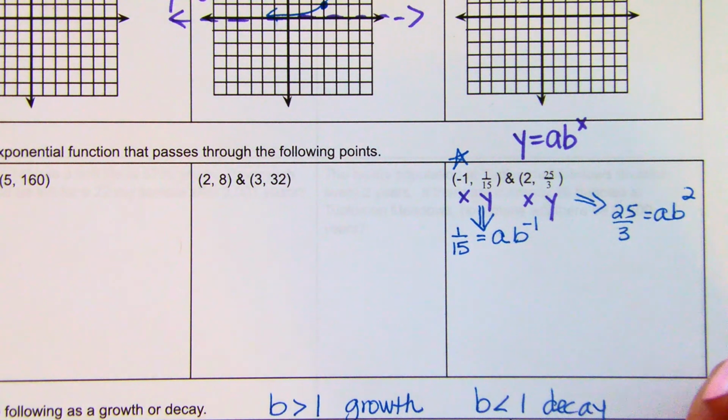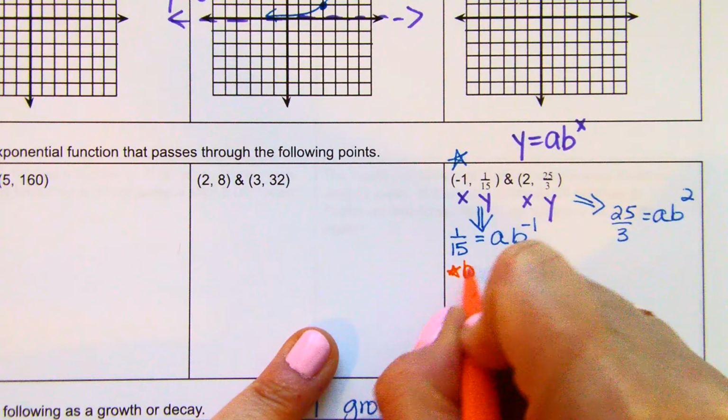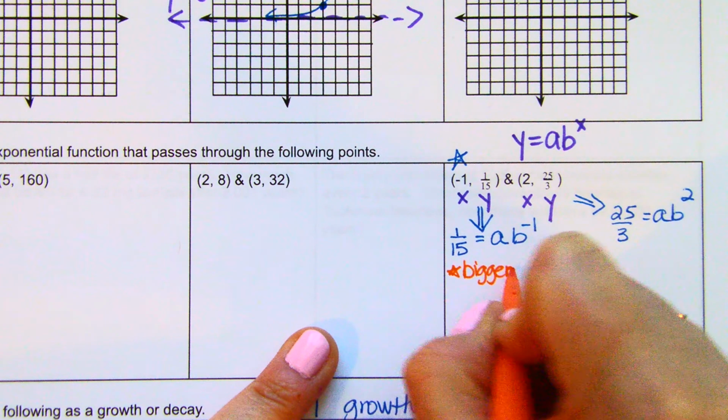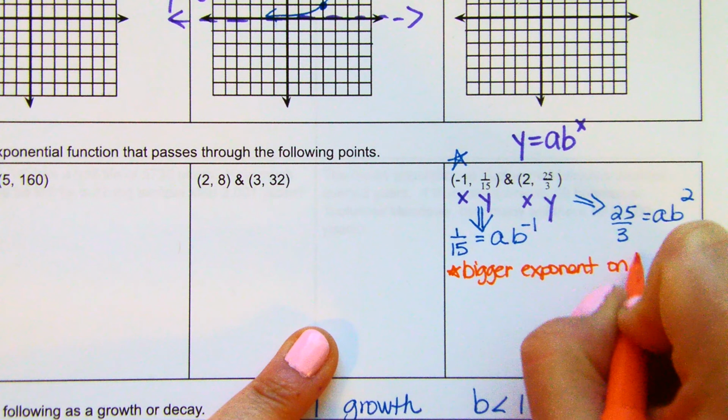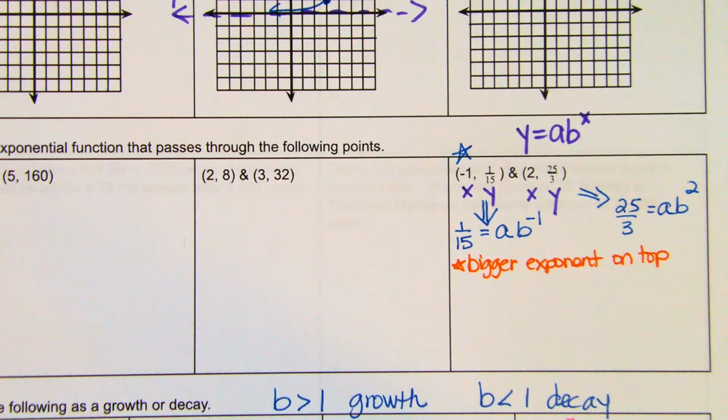You're going to have to divide them. So the tip for dividing is you want to put the bigger exponent on top. Because if you do that, then when you subtract the exponents, you'll get a positive number.